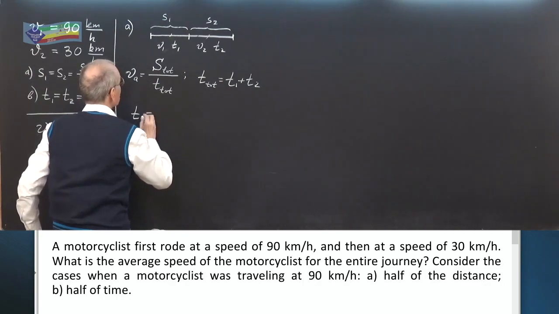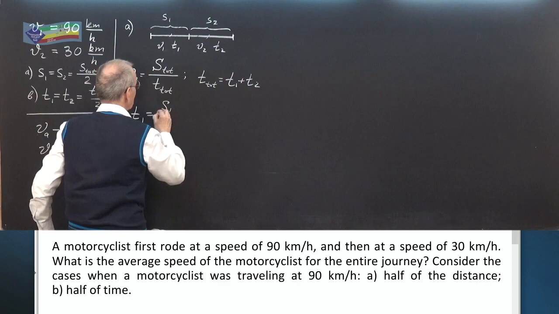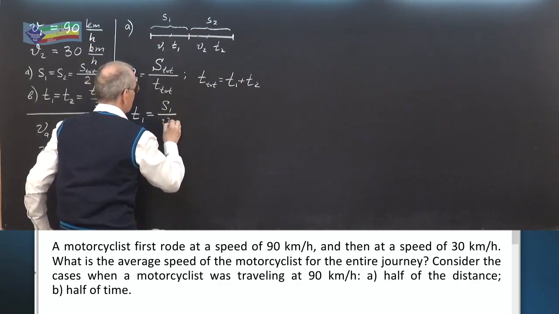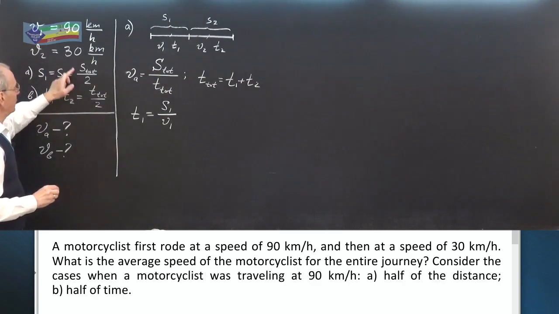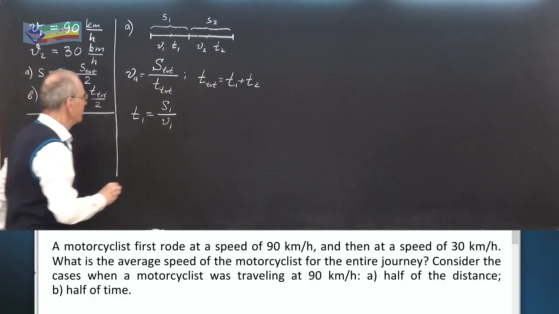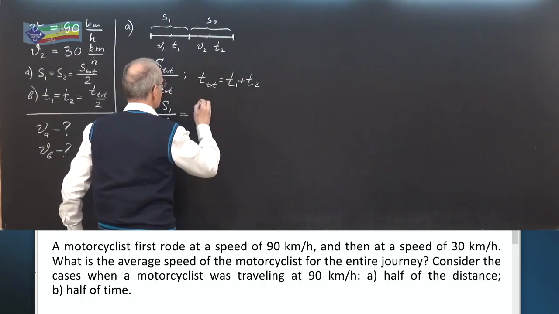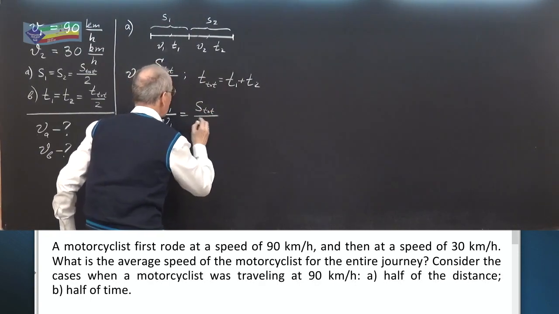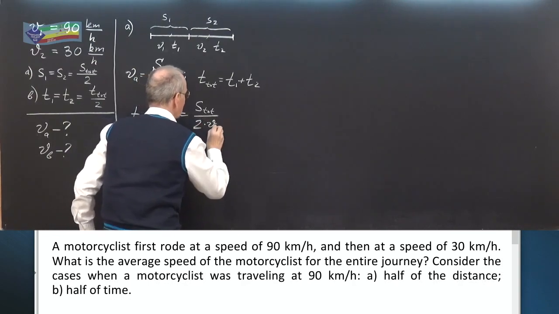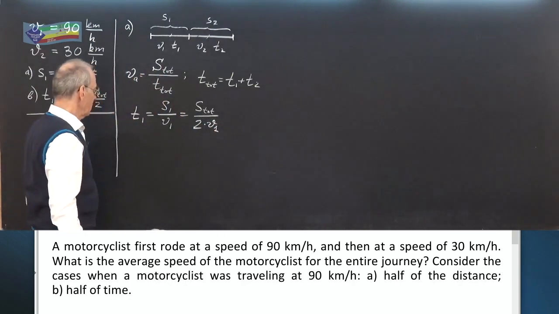T1 equals S1 over V1. But S1 equals S total divided by 2, so T1 equals S total divided by 2 and V1.